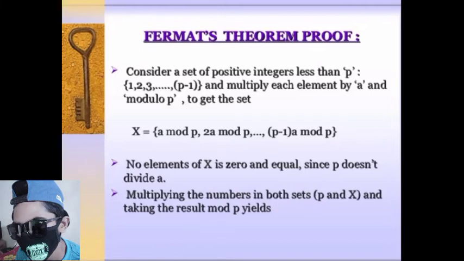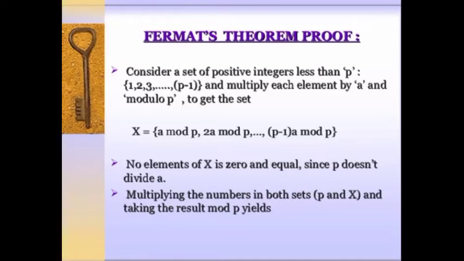Consider the set of positive integers less than p: 1, 2, 3, up to p minus 1, and multiply each element by a modulo p to get the set X. So X is a mod p, 2a mod p, up to the quantity p minus 1 times a mod p. No element of X is 0, and they are all distinct, since p doesn't divide a.